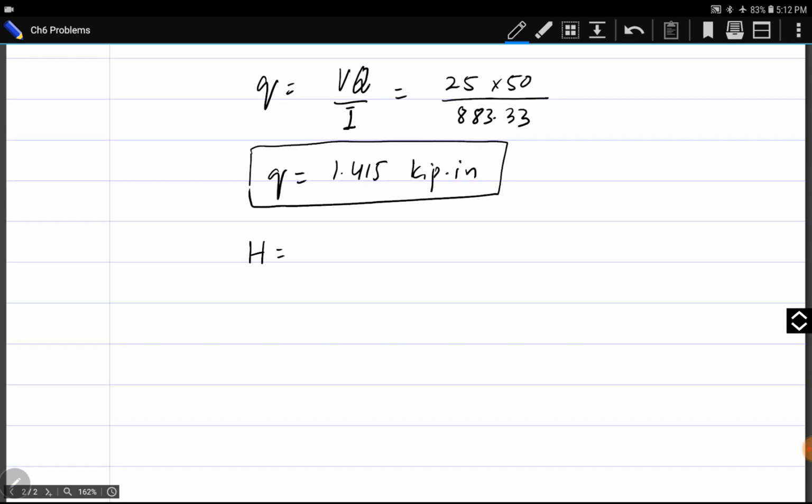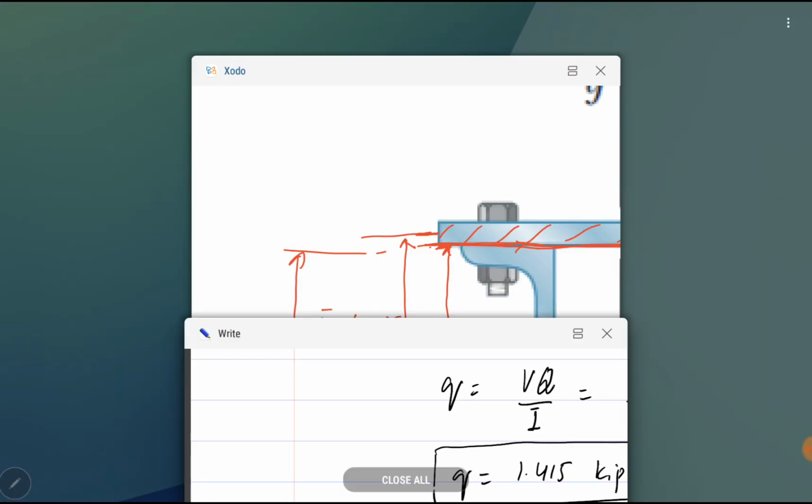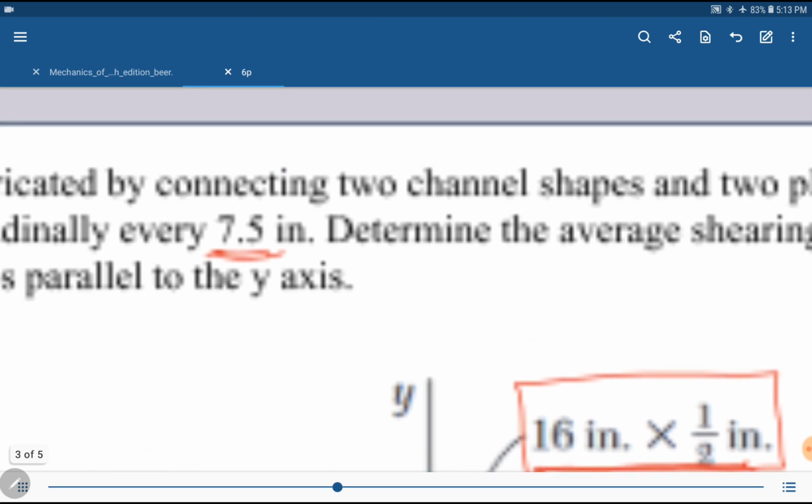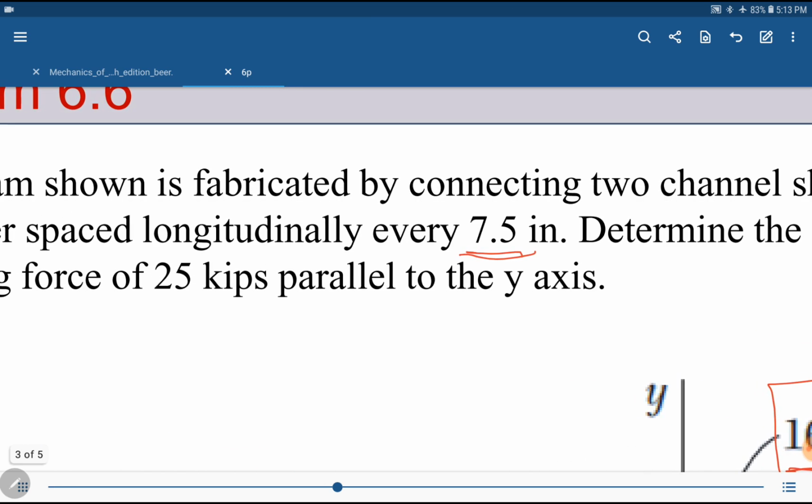Because we have two bolts, 2 times the horizontal force in the bolt is equal to q into S. q is known to us, it is 1.415, and S was given in the problem statement, and I think it is 7.5 inches. Longitudinal spacing.